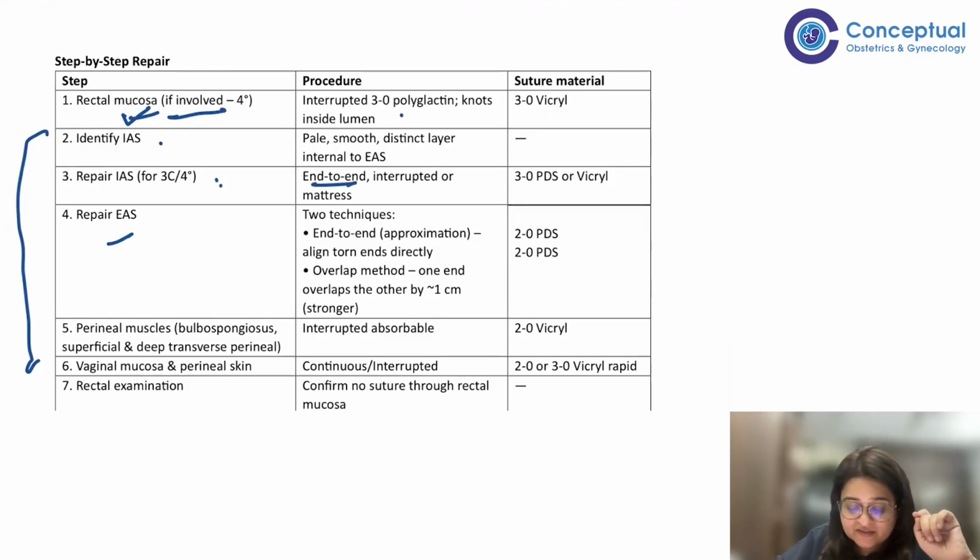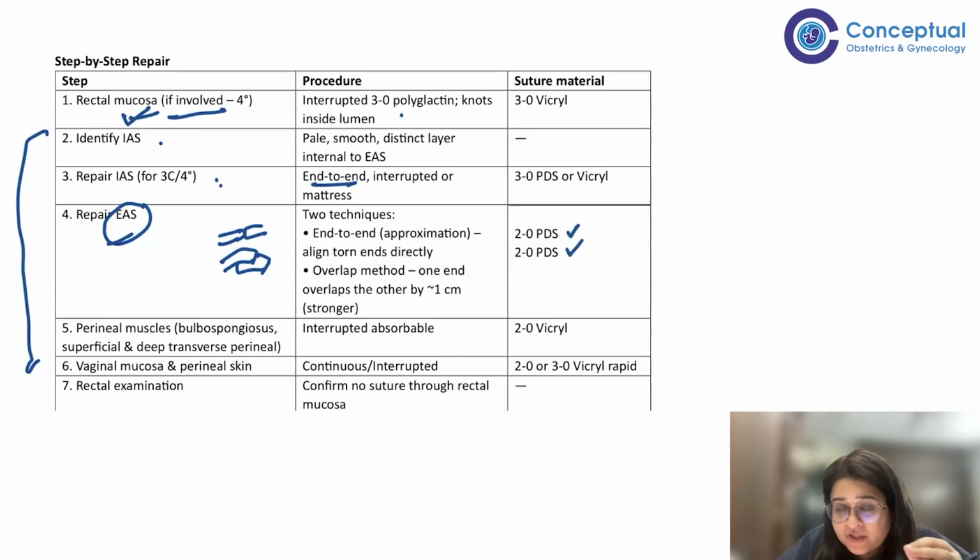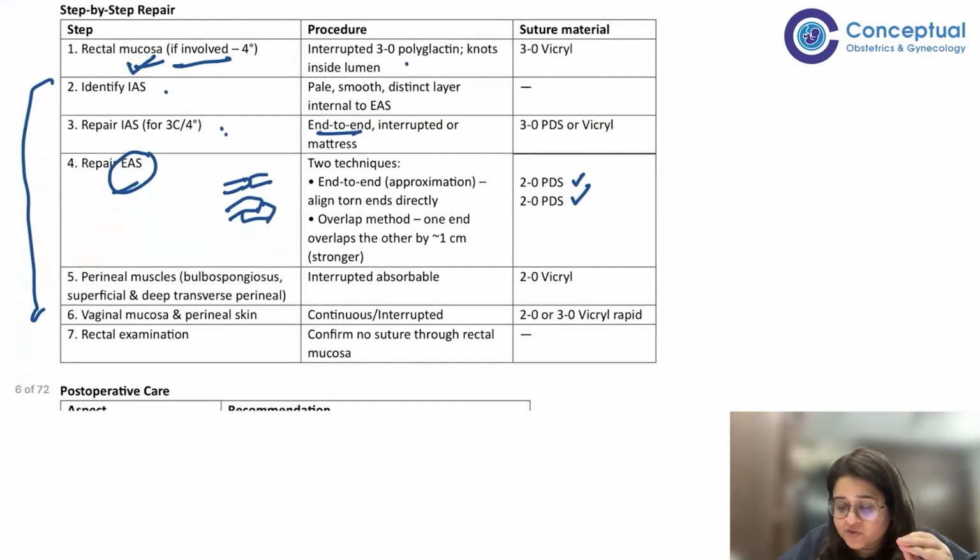The external anal sphincter is repaired in 2 ways: either an end-to-end anastomosis like this, or we do an overlap technique like this. So either end to end or overlap. And for the suture, we use 2-0 absorbable suture. For the internal anal sphincter and the mucosa, we prefer a thinner suture, that is 3-0.